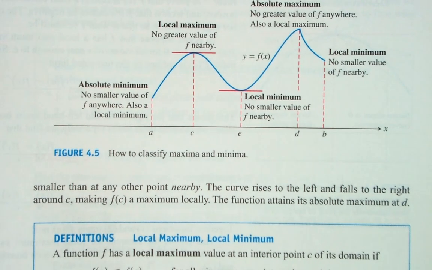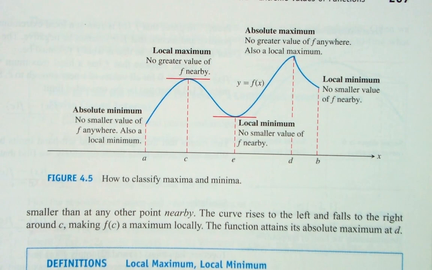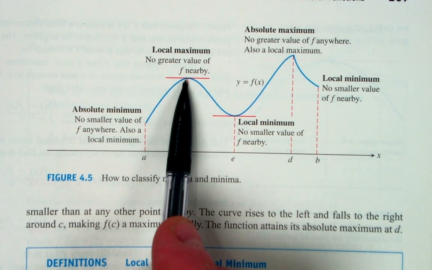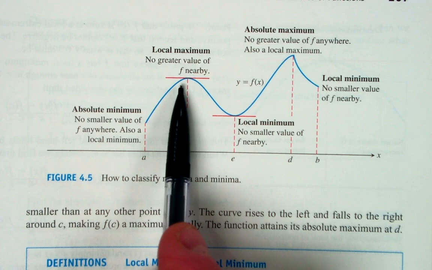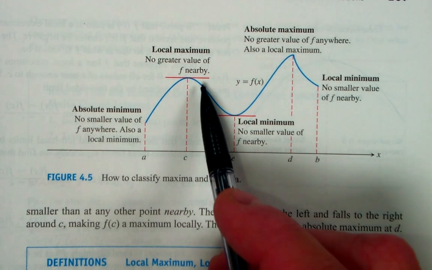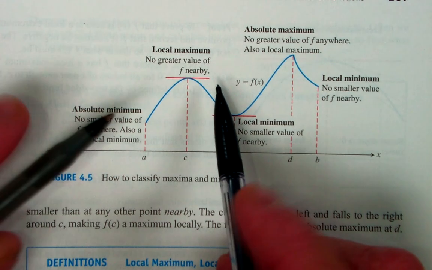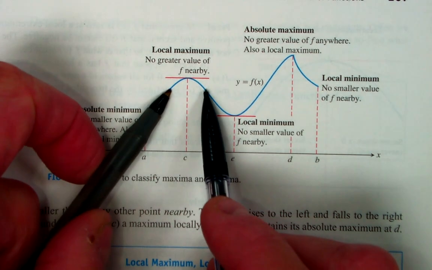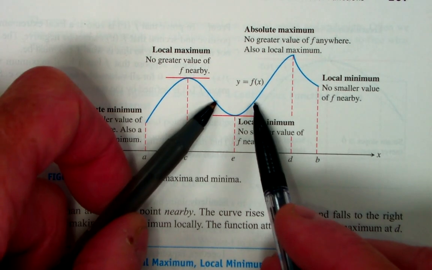So if I take a look at these graphs, look at all these different types of minimums and maximums. This one's a local minimum, no greater value of f around it. So if I pick this interval from, say, from here to here, then it's bigger than all those. Same thing here. That's a local minimum.